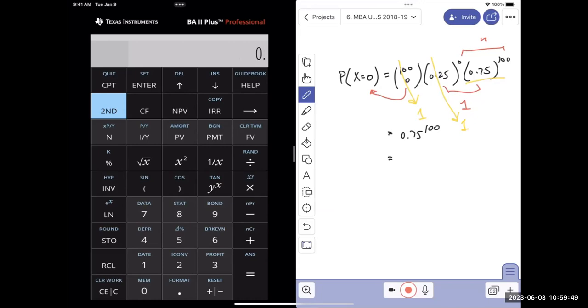And when you do that, 0.75 to the power 100 is equal to that still, right? So the answer is 3.21 times 10 to the negative 13. That's what it means. We're going to consider anything 10 to the negative 5 as 0.